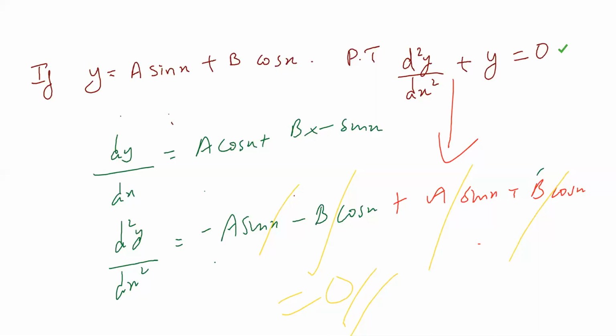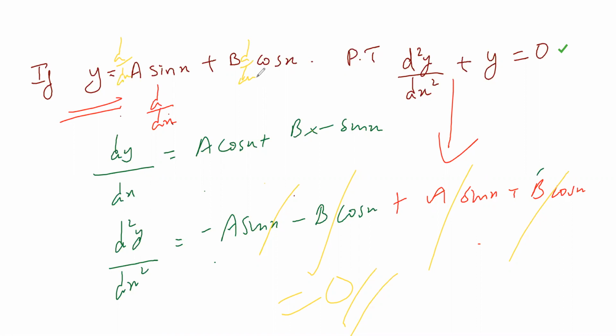So guys, I'll tell you some of the mistakes. If you are doing d by dx of this term, normally in school they will teach you to do d by dx of a sin x, d by dx of cos x. Guys, that is not the way to do it.